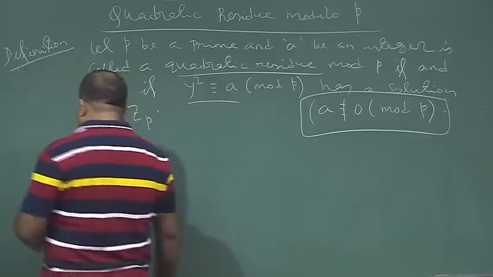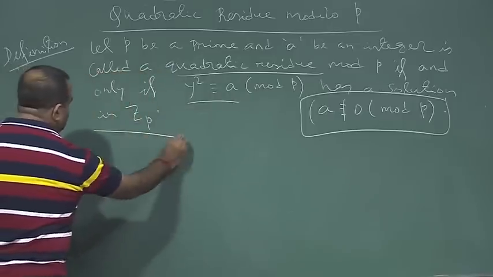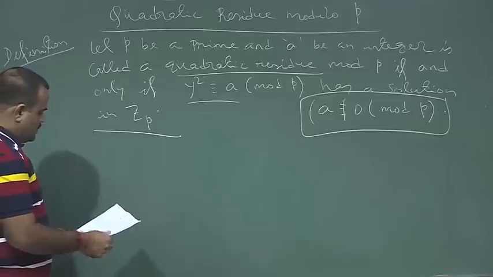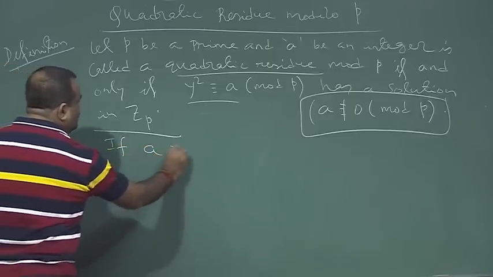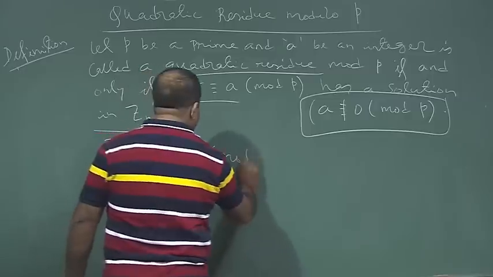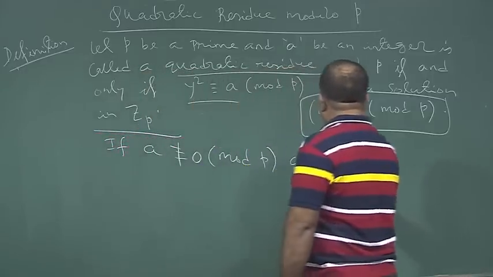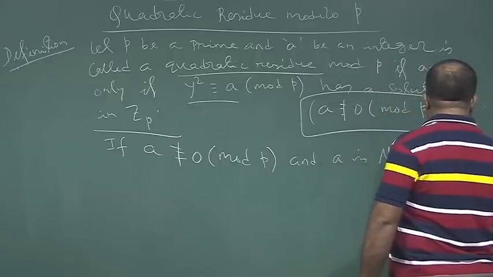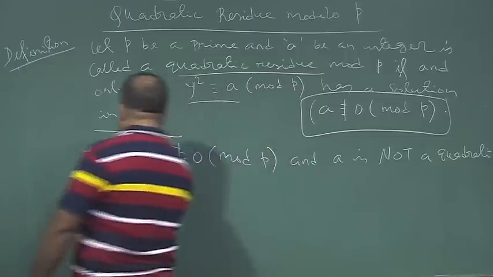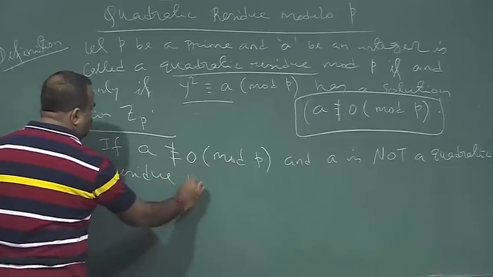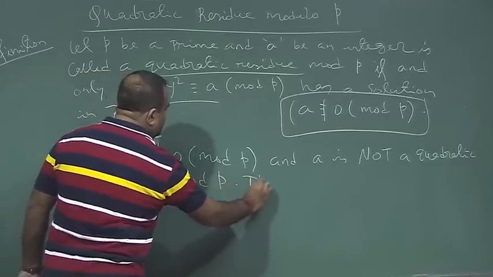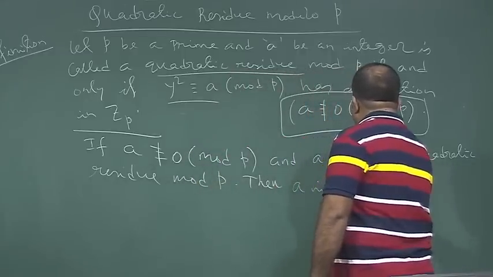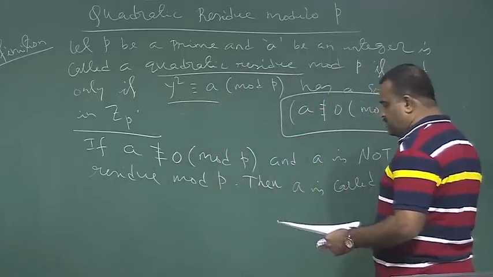Now, we say it is a quadratic non-residue if this equation has no solution. If a is not a multiple of p and a is not a quadratic residue mod p, then a is called a quadratic non-residue mod p.